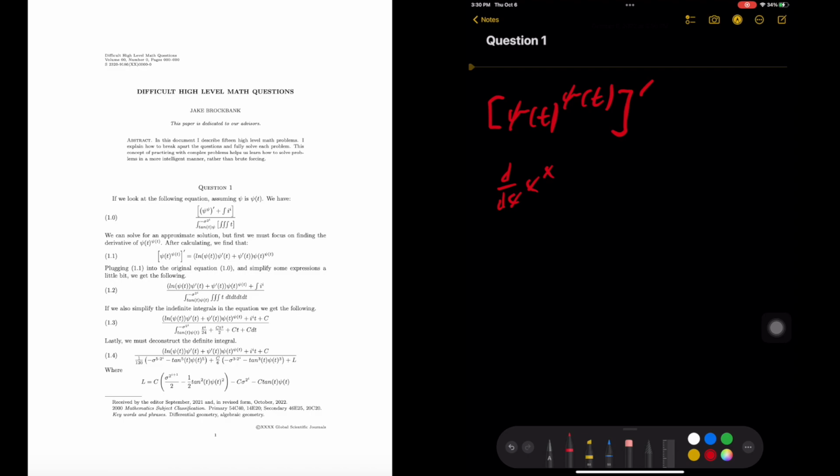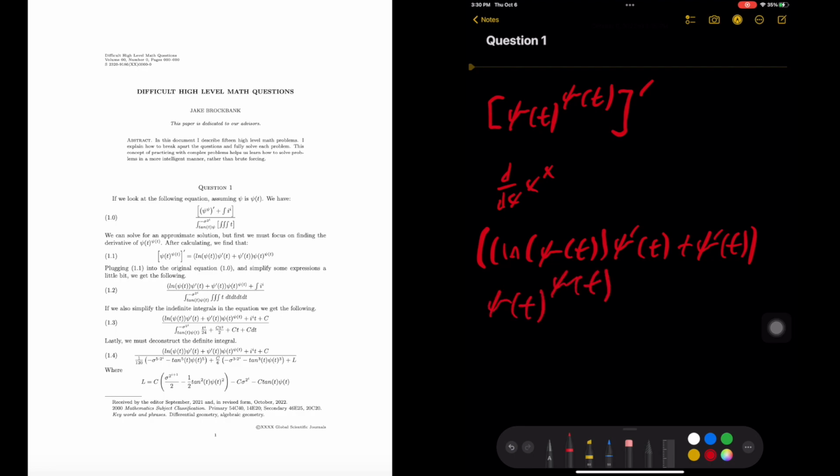So breaking this apart, we have psi t to the psi t. Deriving that, we get ln psi t, the natural log of psi t, multiplied by the derivative psi prime of t, plus psi prime of t. Sorry, I forgot to put brackets here. This is all going to be multiplied by psi t to the psi t.